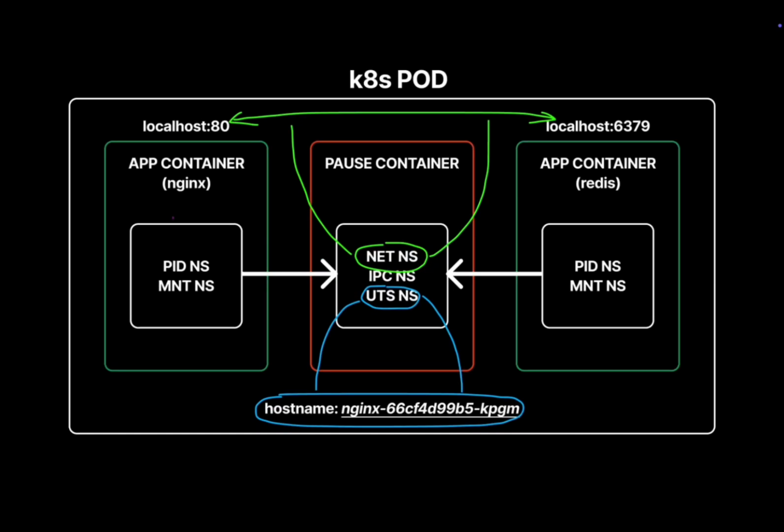Compare inode numbers to see which processes share which namespaces. And you understand how this connects to production. Kubernetes pods are groups of containers sharing network, IPC, and UTS namespaces. When you kubectl exec, you are using the setns syscall to enter those namespaces. And when debugging networking issues, you're debugging namespace isolation and veth pair configuration.